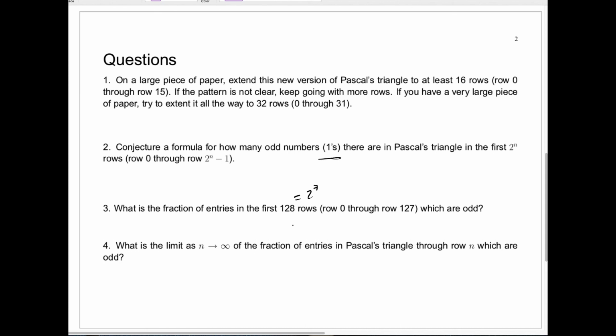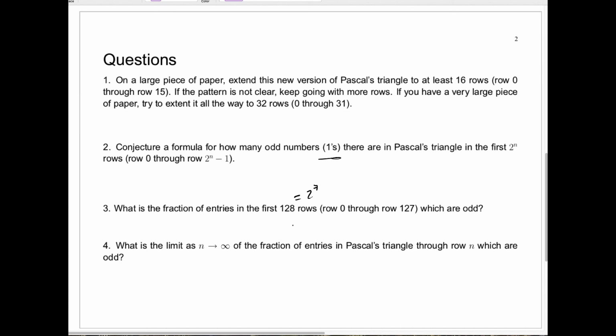Not just how many, but what is the number of ones divided by the total number of entries in Pascal's triangle? That's like asking, among all combination numbers, m choose n, where m is at most 128. Let me say that again.